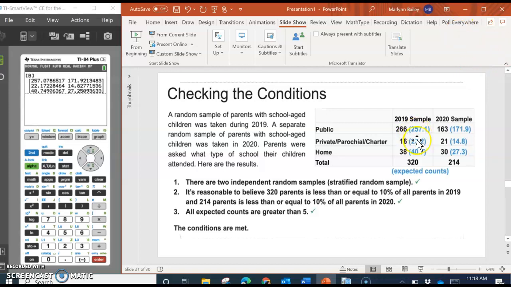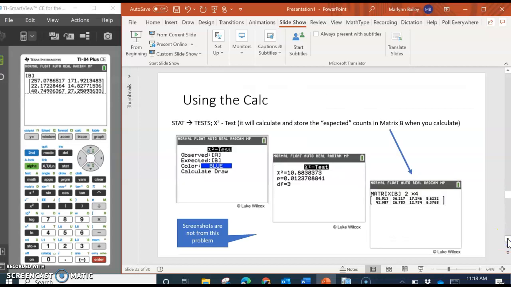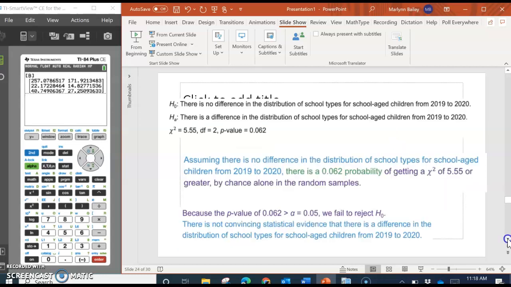You can compare it to the blue numbers here. Those are the expected values, what we would expect in public, private, home in those years based off of the sample size. Remember that the chi-squared test is comparing, based off those two populations, whether the expected and observed values are different.